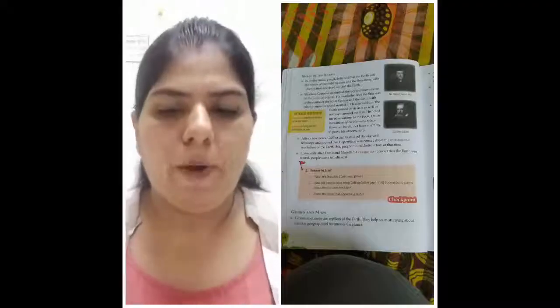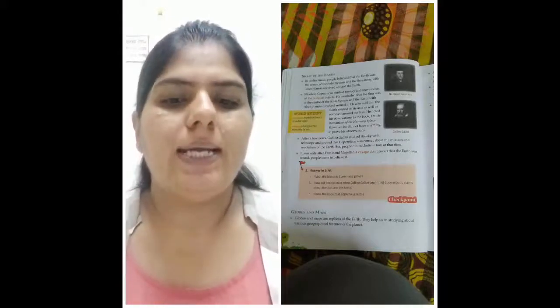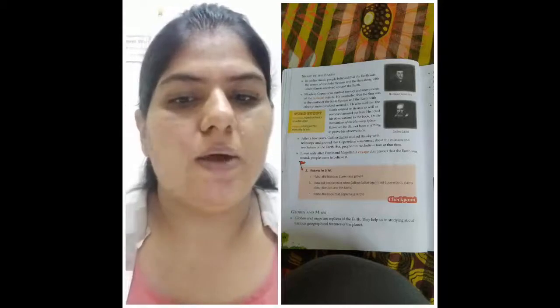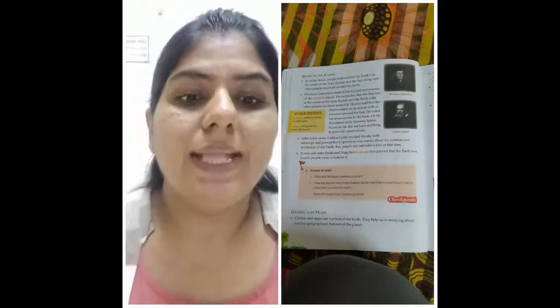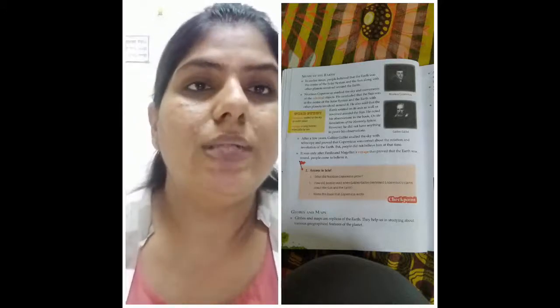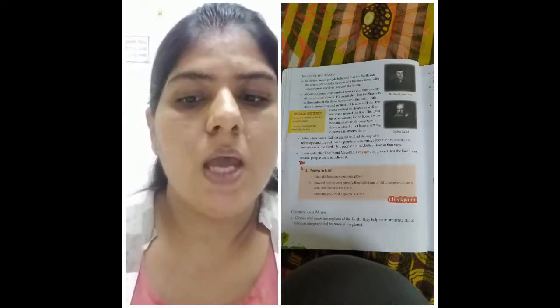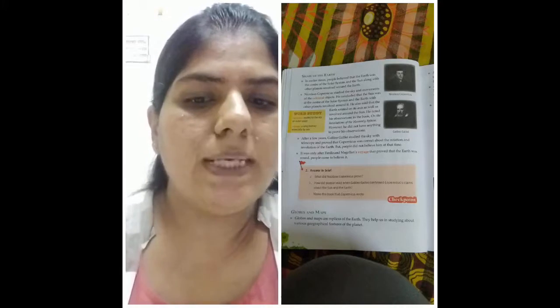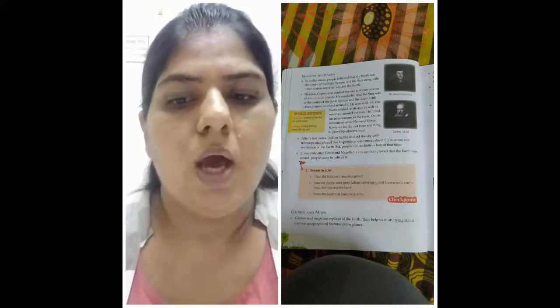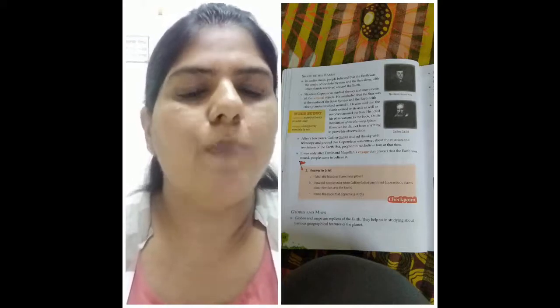So let's start with reading. Shape of earth. In earliest times, people believed that the earth was the center of the solar system, and the sun along with other planets revolved around the earth. Nicholas Copernicus studied the sky and movements of the celestial objects.